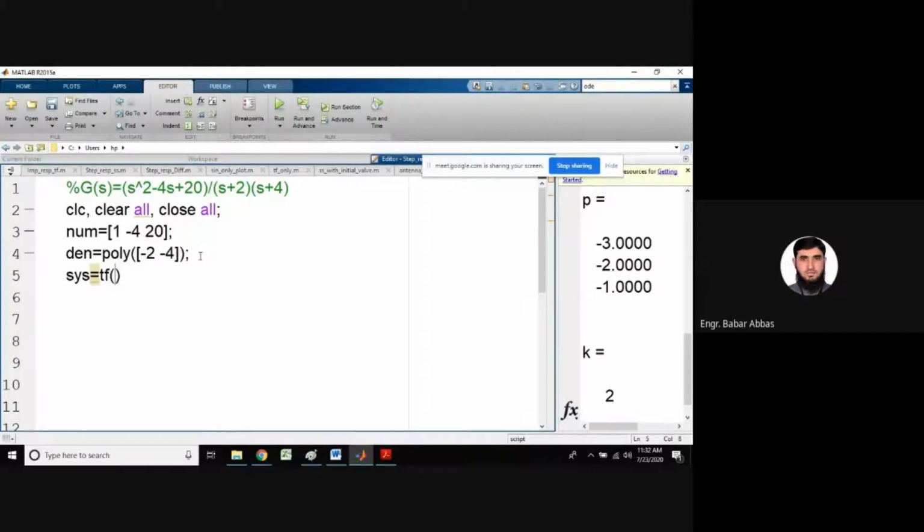Inside the parenthesis you may write num comma den. So the transfer function will be calculated in the command prompt. There is no semicolon, so you can see the transfer function in the command prompt.